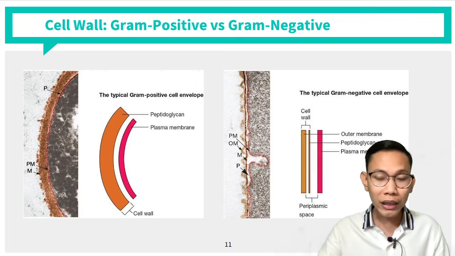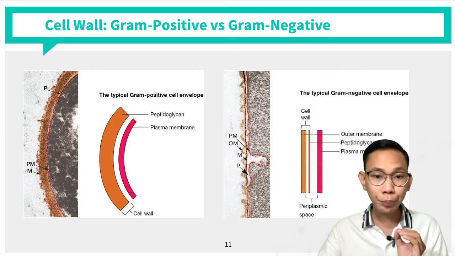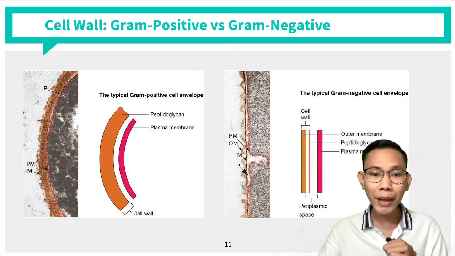So this is your gram-positive. How can you compare your gram-positive now to your gram-negative? Kindly compare it in terms of the presence of your peptidoglycan. Remember that your cell wall is mainly composed of your peptidoglycan. Tingnan nyo ang cell wall ng ating gram-positive. What can you see? It is thicker compared to the cell wall of your gram-negative.